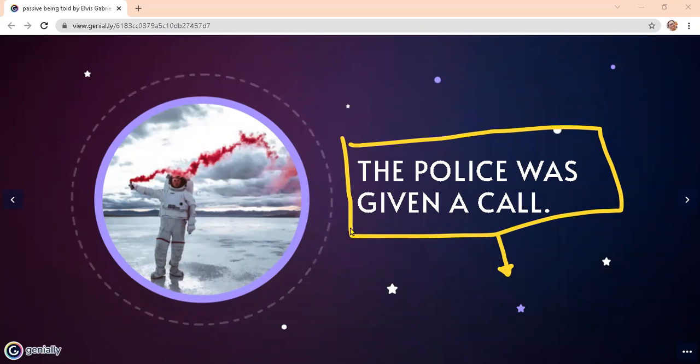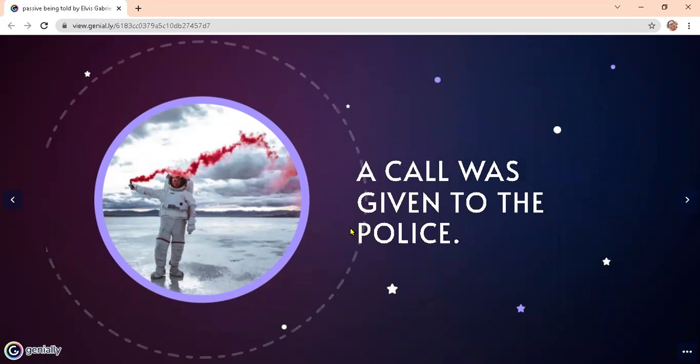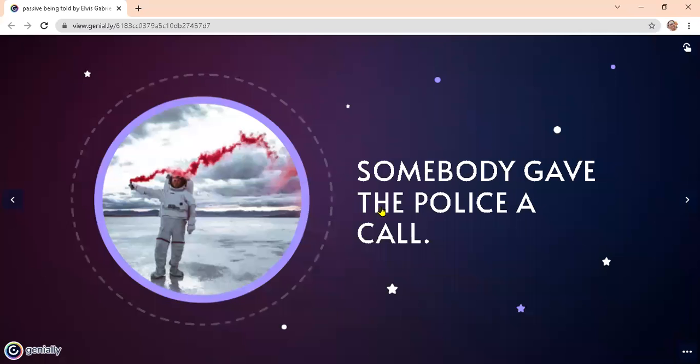Let's take a look at the next example. A call was given to the police. Now, in this case, if you notice, in the original sentence, when we were saying somebody gave the police a call, we have two objects.